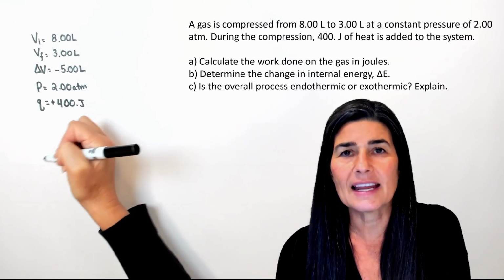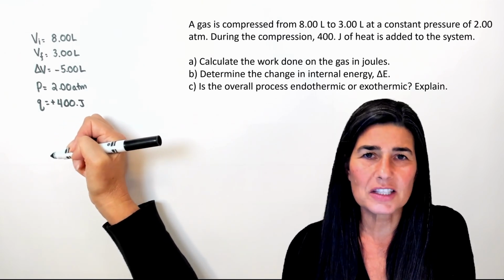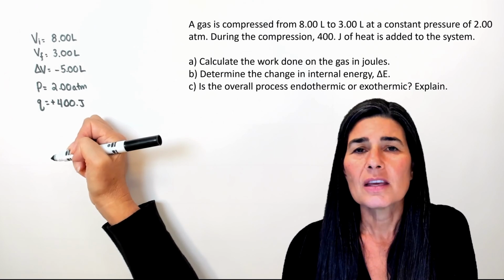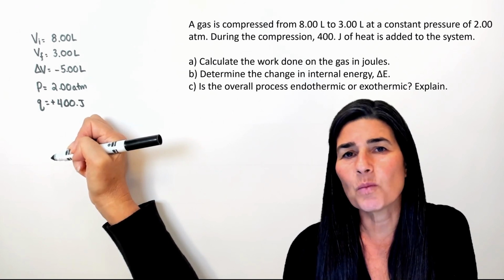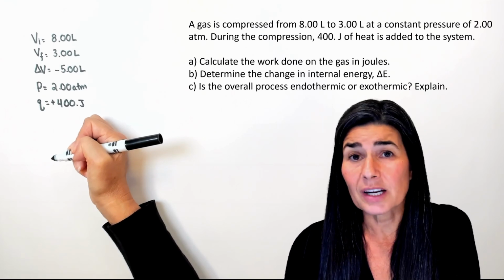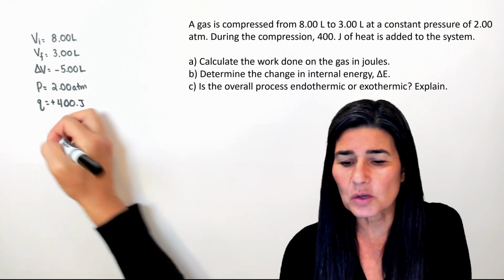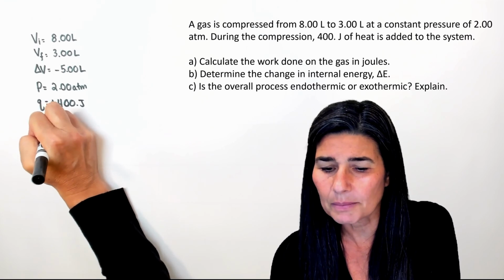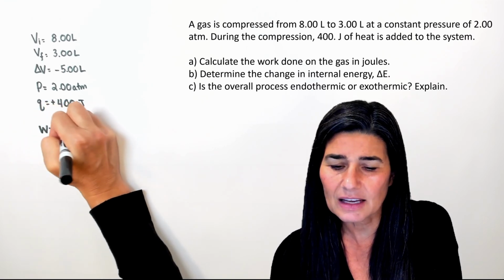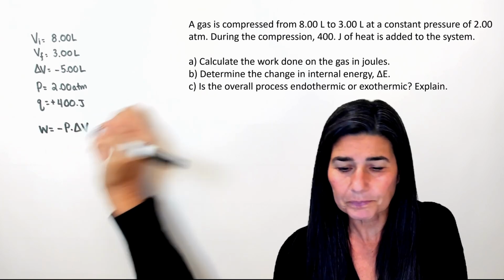We want to go ahead and get the work and change in internal energy. So let's go ahead and start with work. The work done in this case is work that's being done on the system. We're compressing this gas, and this is pressure volume work. So we want to go ahead and use the formula work is negative pressure times a change in volume.